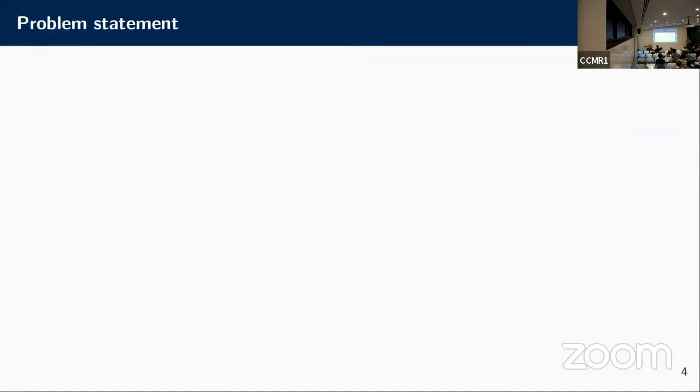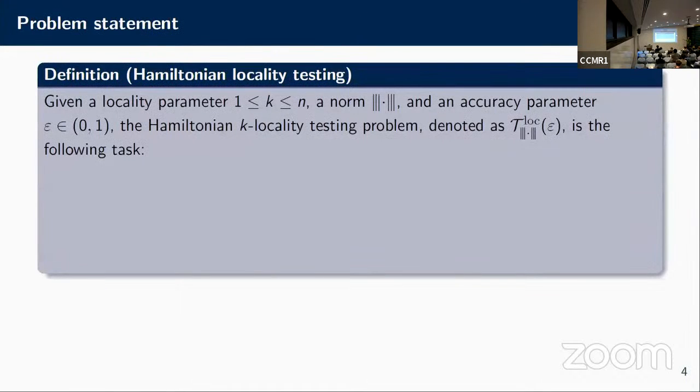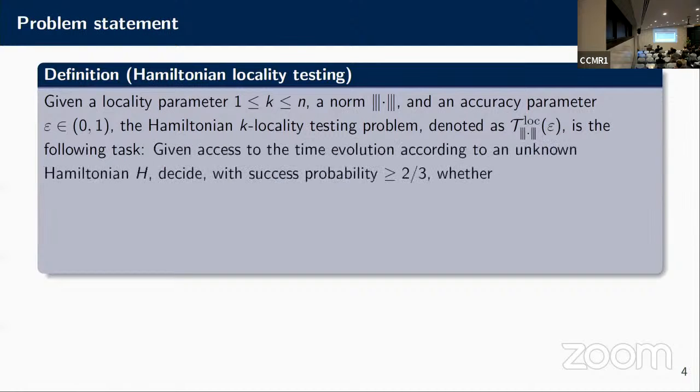Good. So what's the problem that we want to solve? That's the following. You're given a locality parameter k, so that's your locality. You're given a norm, anything, and an accuracy parameter epsilon between 0 and 1. Then the Hamiltonian k-locality testing problem is the following task.